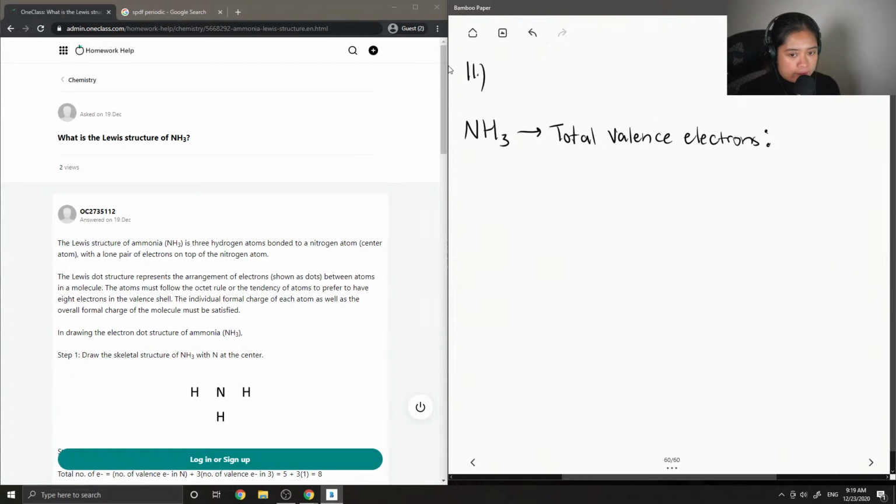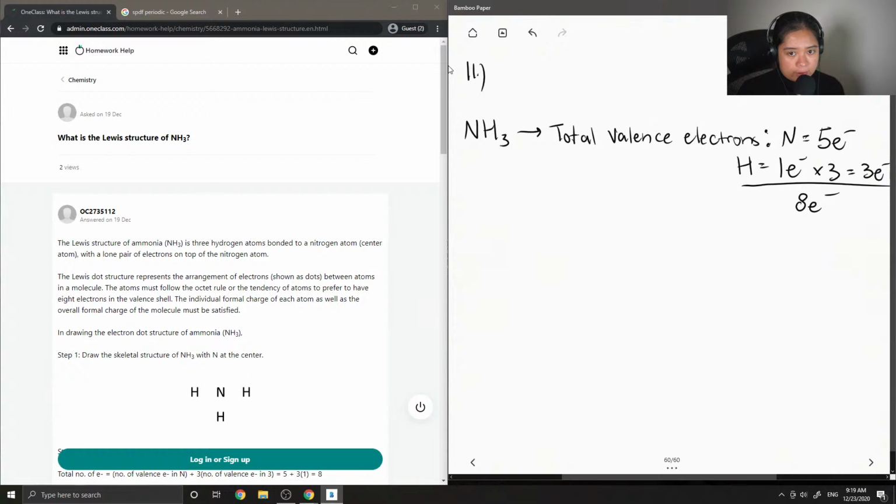In the case of NH3, nitrogen has 5 valence electrons, and each hydrogen atom has 1 valence electron, and there are 3 of them. So the total number would be 8.